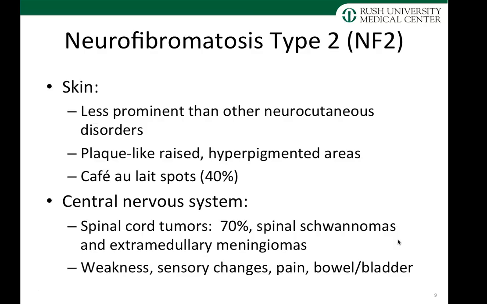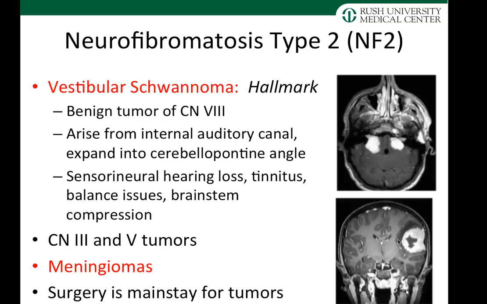Because of the location of these tumors in the spinal cord, patients will have abnormalities on exam that are associated with the long tracts. They tend to have weakness and sensory changes, but they also develop pain due to the pressing of surrounding structures. If the spinal cord is involved in a large amount, you can also have bowel and bladder dysfunction.